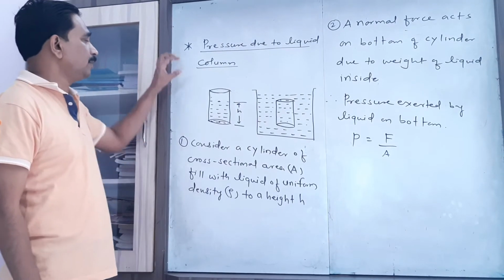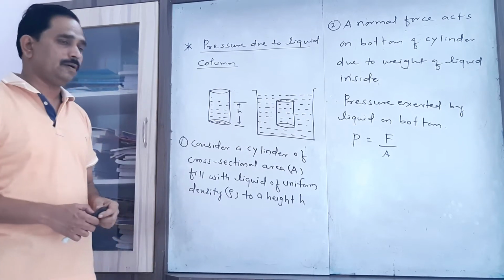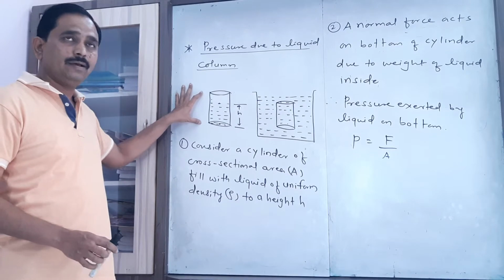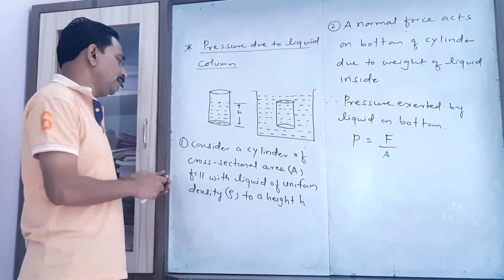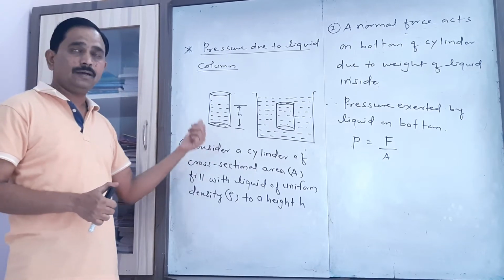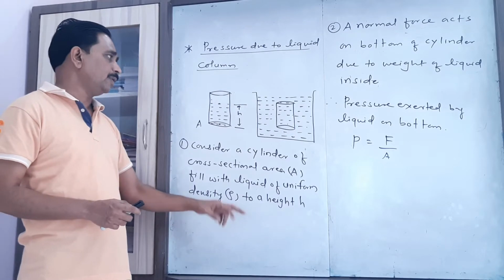Now let us move to the next point, the pressure due to a liquid column. Let us consider a cylinder whose cross-sectional area is A and it is filled with liquid of uniform density rho to a height h.